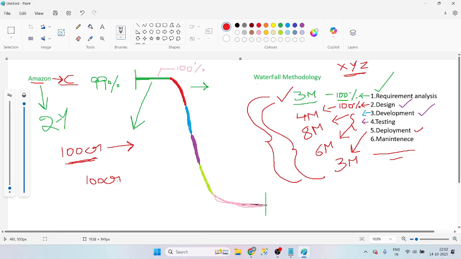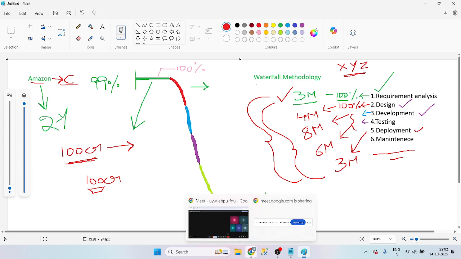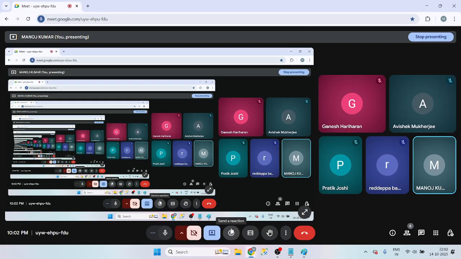Now what I'm doing, I'm keeping this 100 CR in the bank for FD, fixed deposit. Within 2 years, can I get 1 rupee?